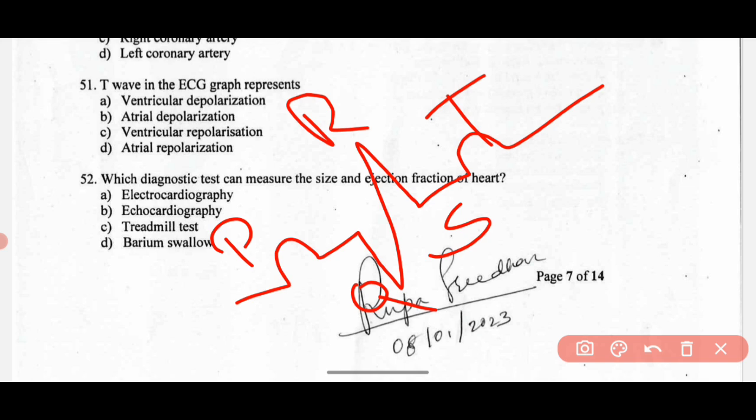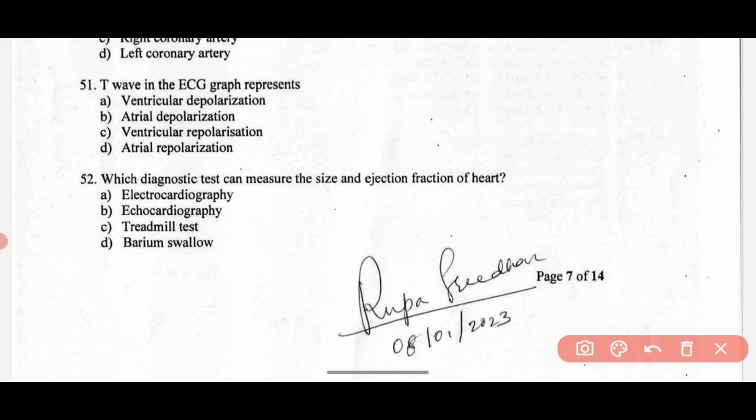And T wave is responsible for ventricular relaxation. So in the question, what they asked is, what does the T wave in the ECG represent? It represents ventricular relaxation, also called ventricular repolarization. So the right answer here is option C. Okay, so let's move on to the next question.